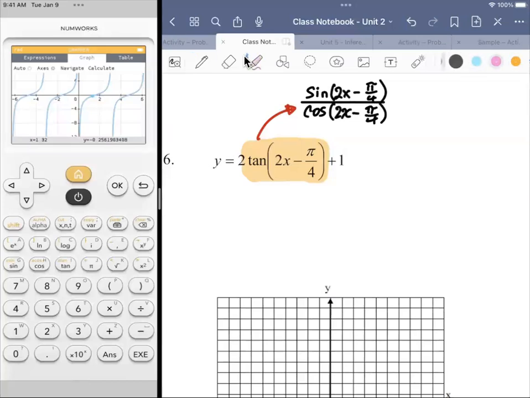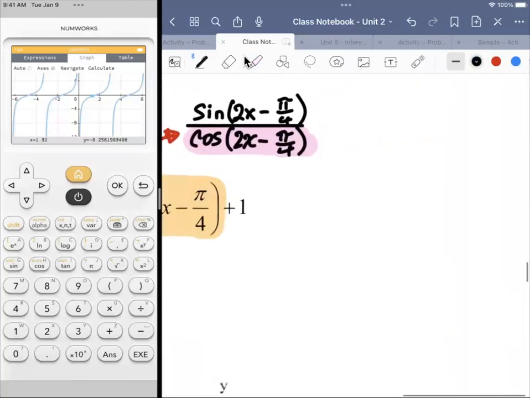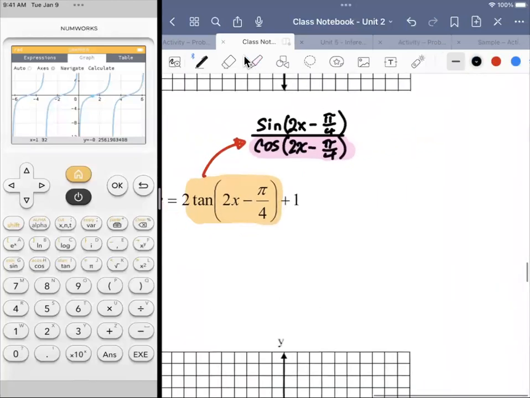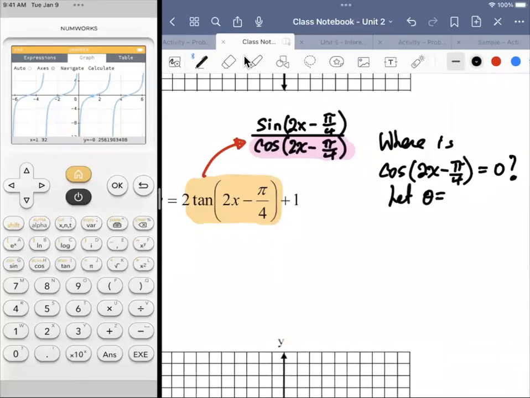I want to know where this is going to be equal to 0. All right, so I'm going to let theta equal 2x minus pi over 4. It's a little bit more complicated, but essentially doing the same thing.